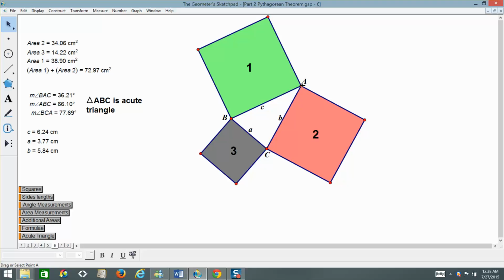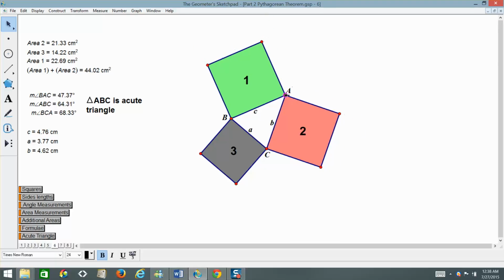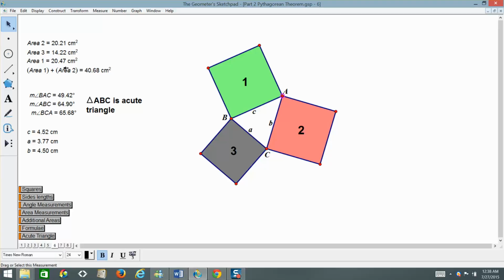Now what happens if I drag this point to make it smaller? Okay, look at this relationship. The triangle is still an acute triangle, and what is the relationship? Is the relationship changing? No, the relationship is still the same: the area of square 1 is less than the sum of the areas of squares 2 and 3.